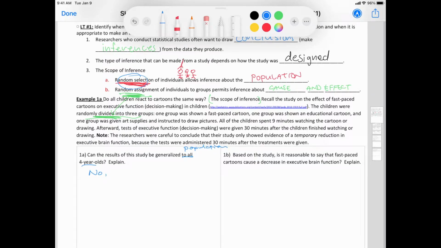The answer is no, because the children in the study were not a random selection or sample of 4-year-olds.